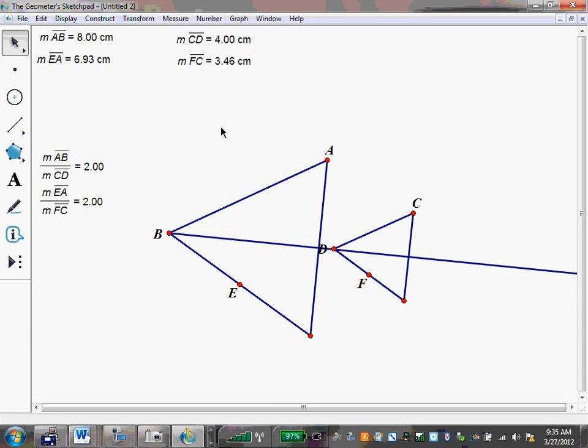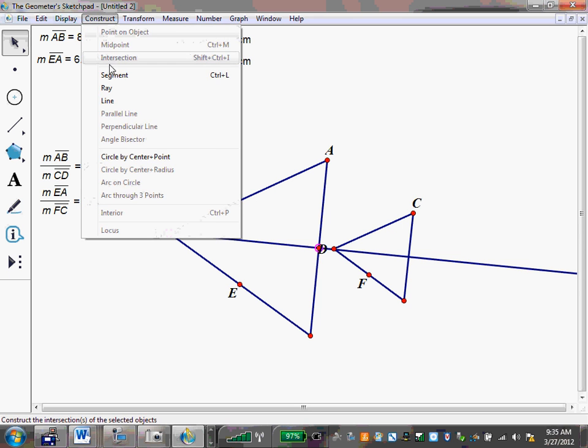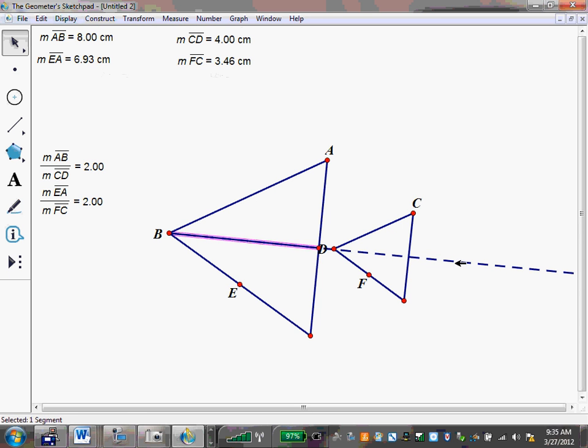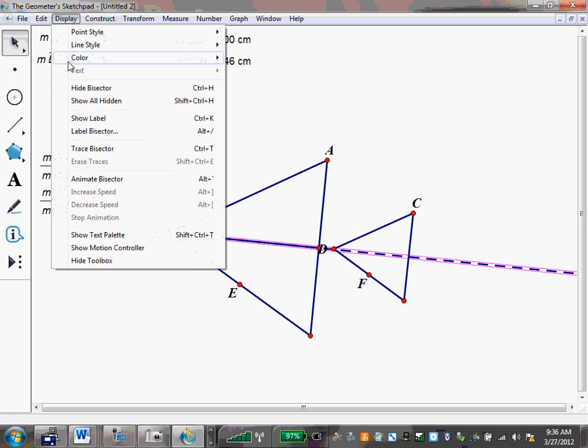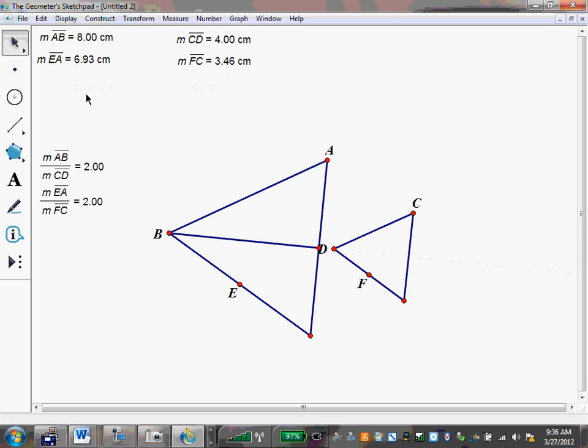So what I'm going to do is highlight the point that is on both those segments, and then make that just a line segment. So I'm going to construct it as a segment, and then I can hide this line. Hide the bisector. So I just have a segment, just like that.